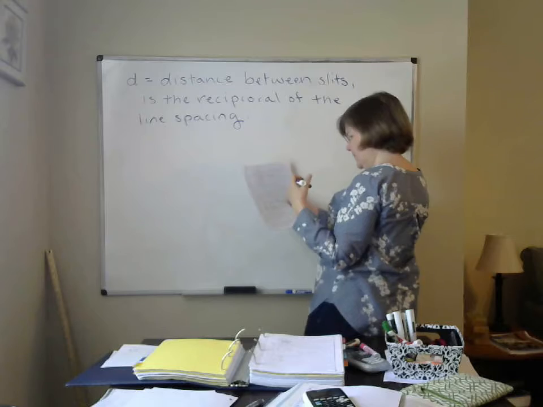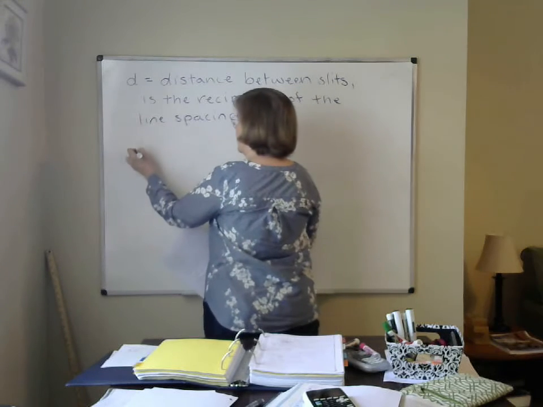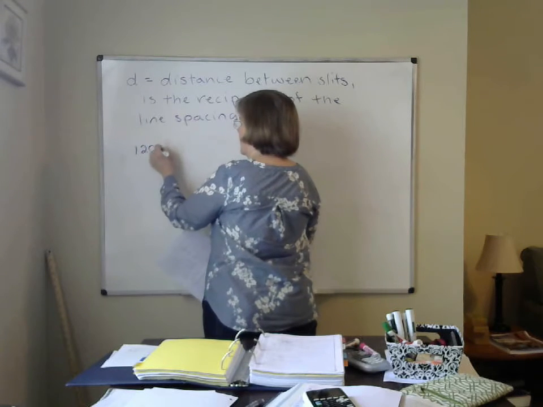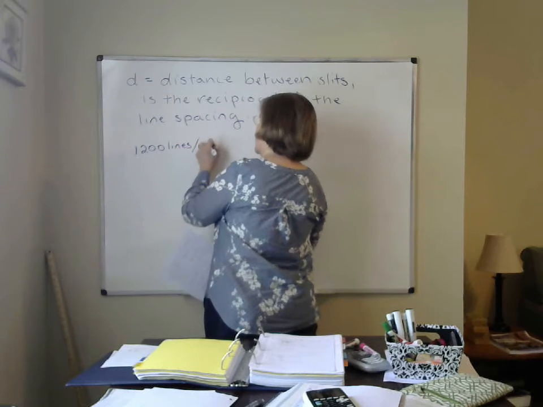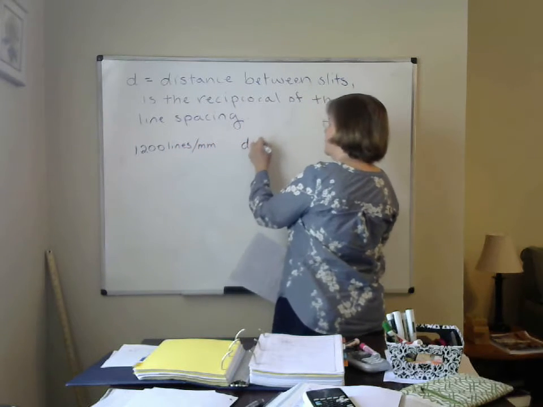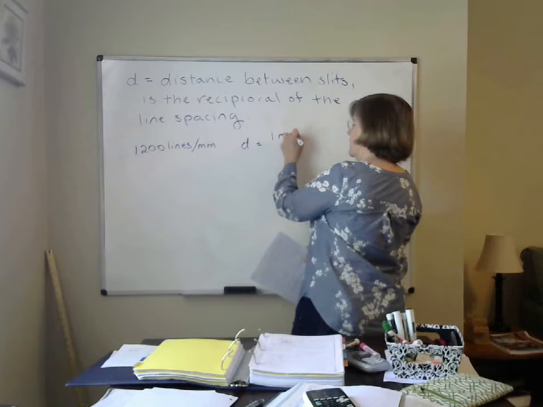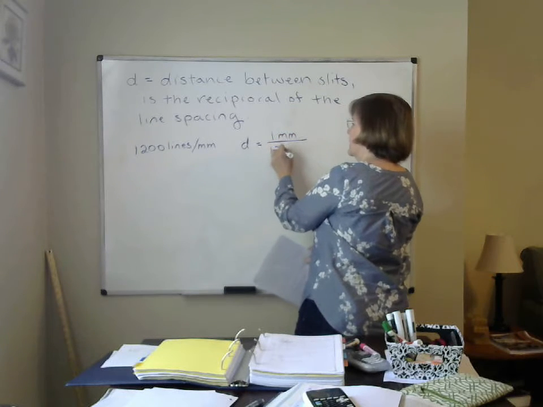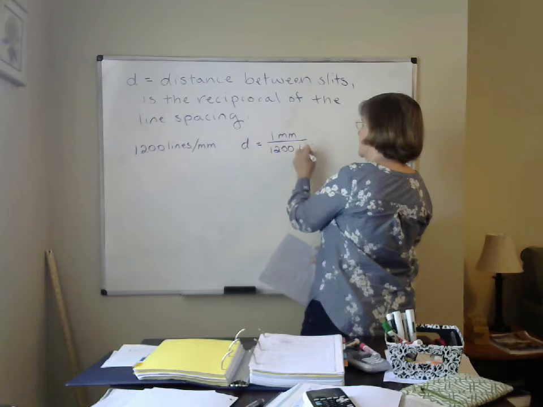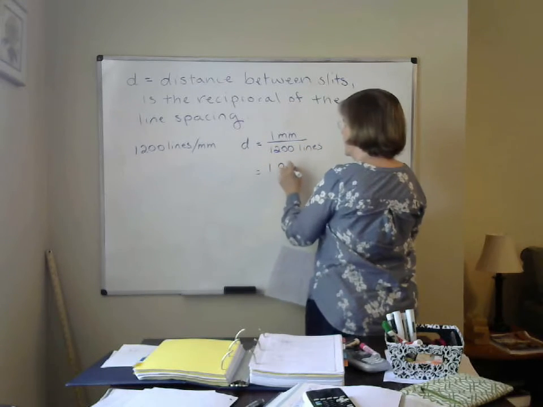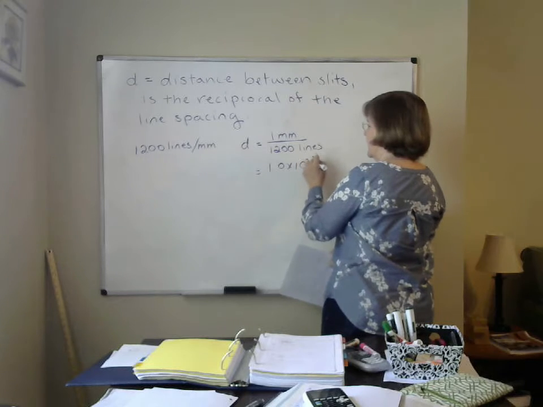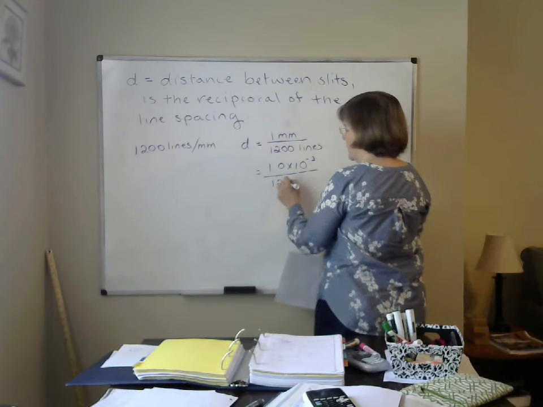So for example, if we are told that we have 1,200 lines per millimeter, then d is equal to 1 millimeter for every 1,200 lines. So we know 1 millimeter is 1.0 times 10 to the negative 3 meters, divided by 1,200.